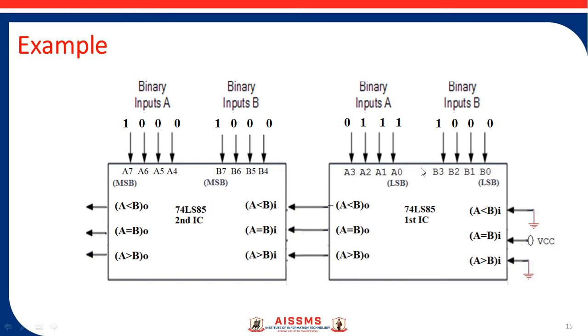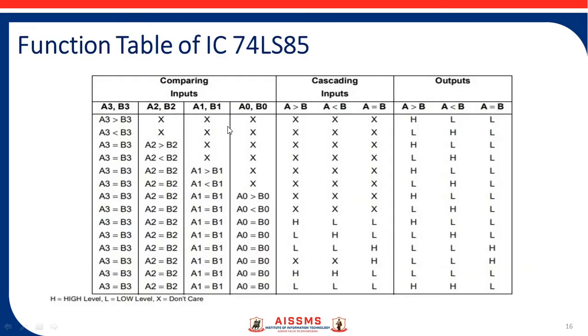If A3 is less than B3, then this IC will not check the rest of the 3 bits, that is A2 with B2, A1 with B1, A0 with B0. It will directly show the result A is less than B by checking the function table. See here, A3 is less than B3. It will not compare the rest of the bits.